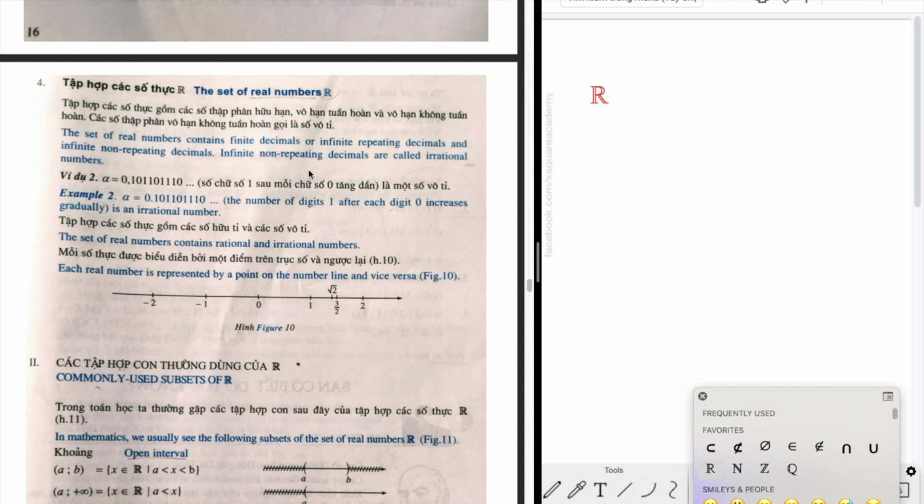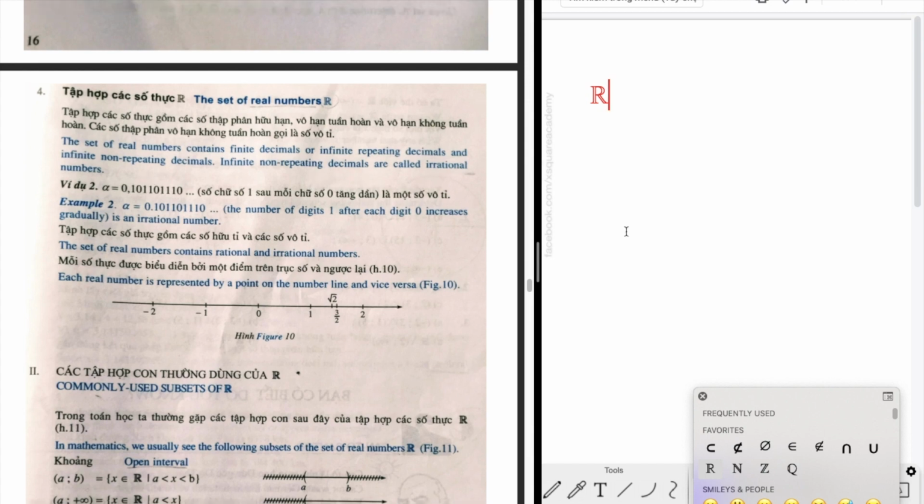Infinite non-repeating decimals are called irrational numbers. It seems quite difficult to distinguish those kinds of numbers, so I give examples to help you understand more.